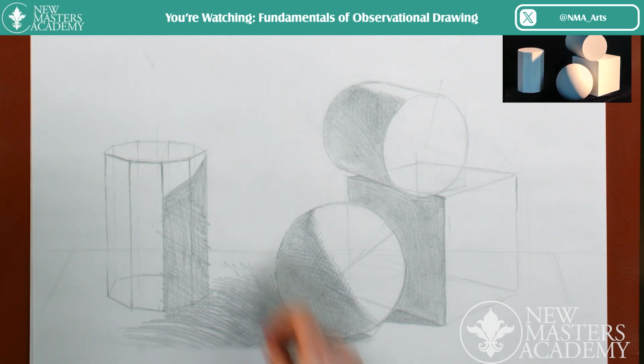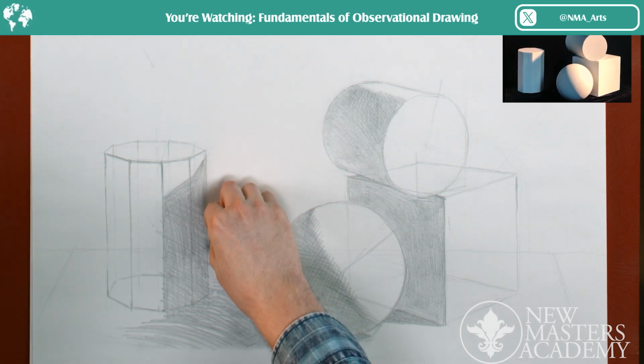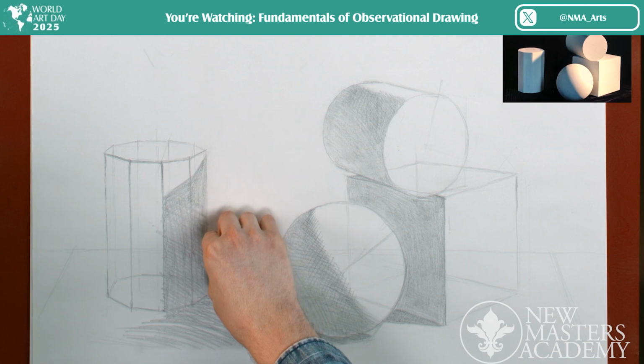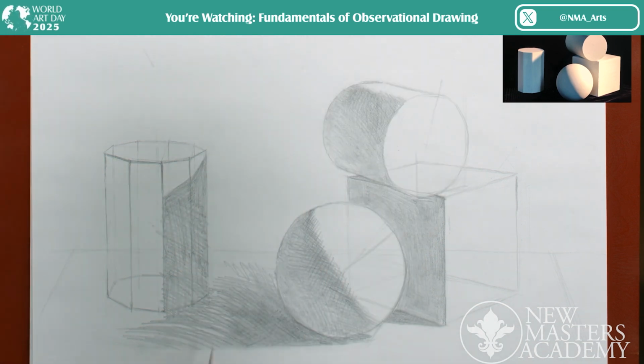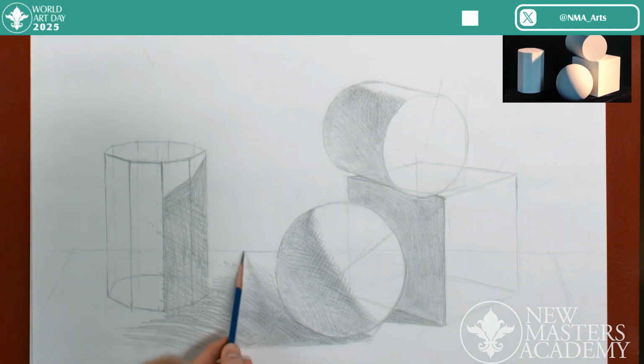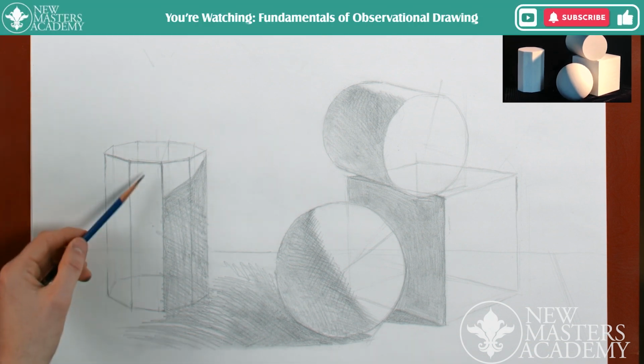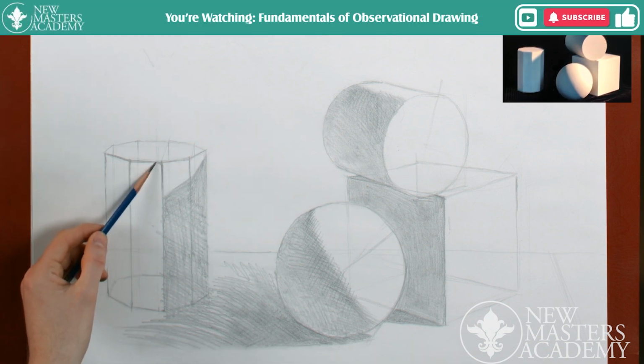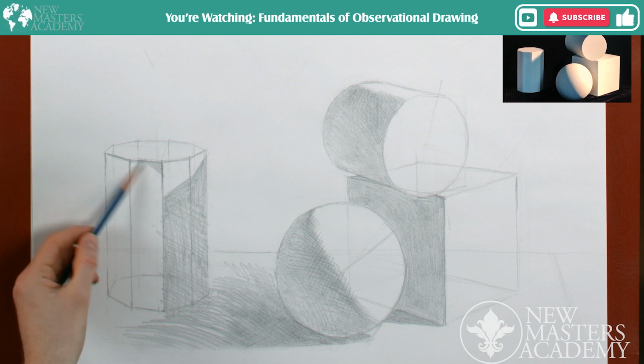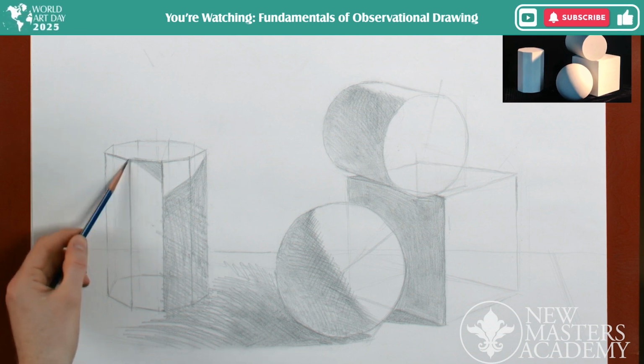So when we were working on these before individually, we were analyzing each individual plane. But right now, we're just thinking of the shadow as a group. So even here, this is our plane of the core shadow.